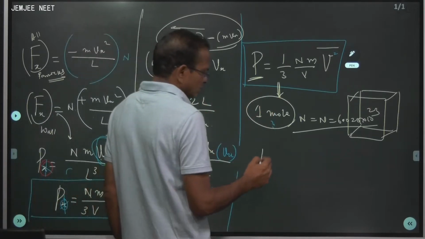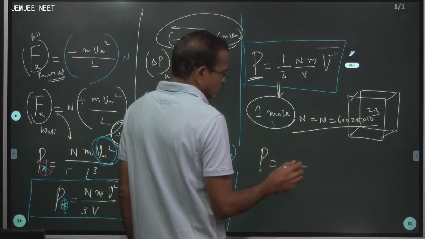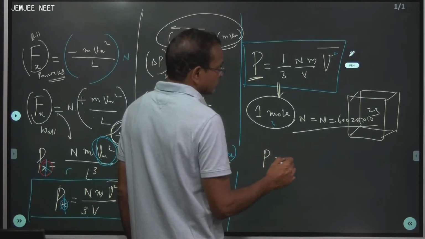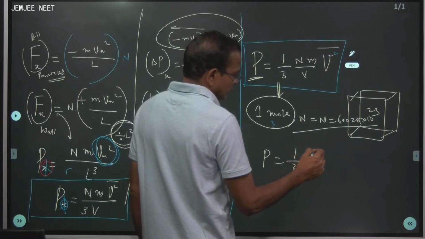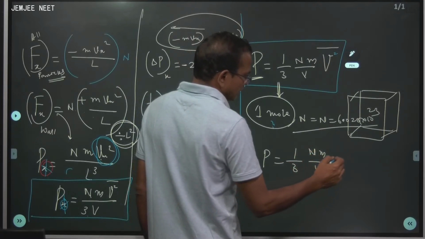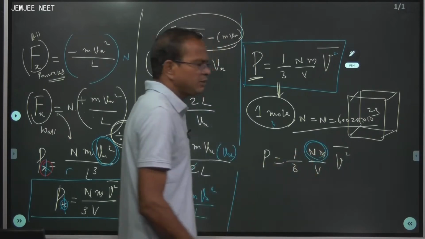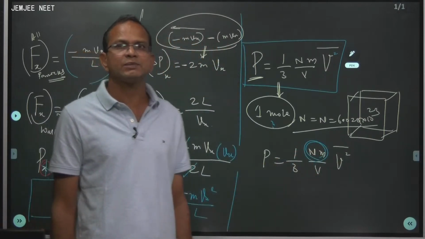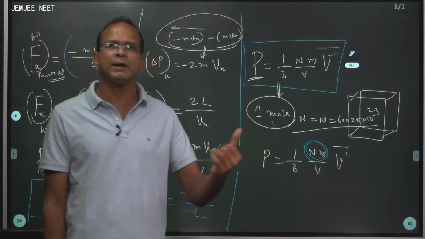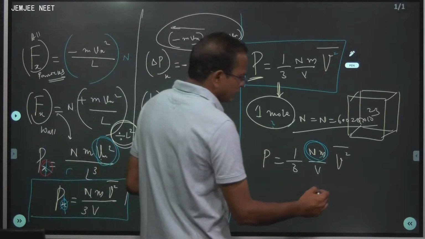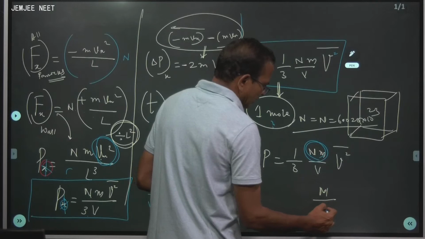Then your pressure becomes 1/3 Nm/V into V square bar. Provided you accept N is 1 mole, then what is N into M, which is nothing but the molecular mass of that particular gas?